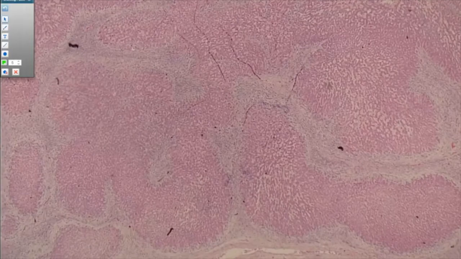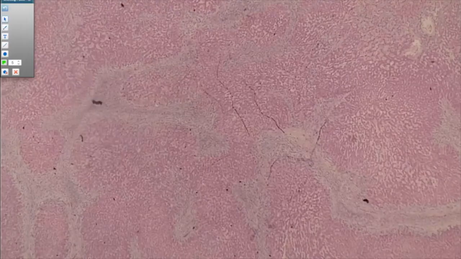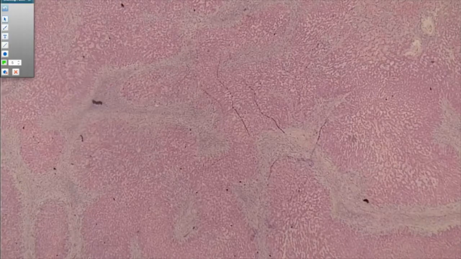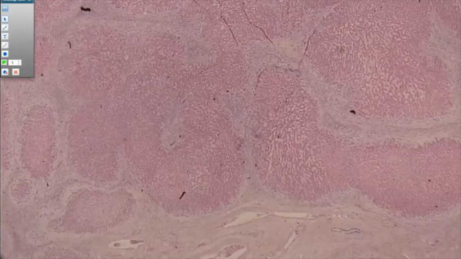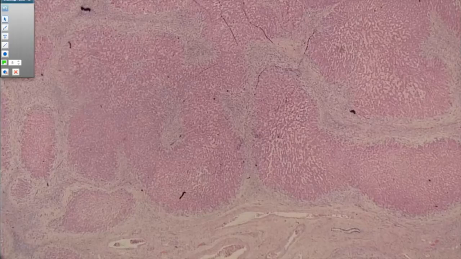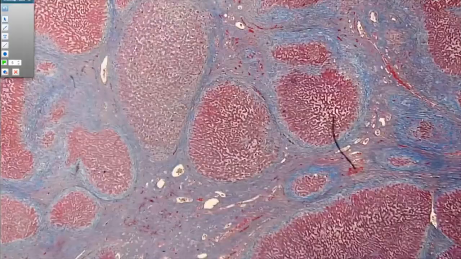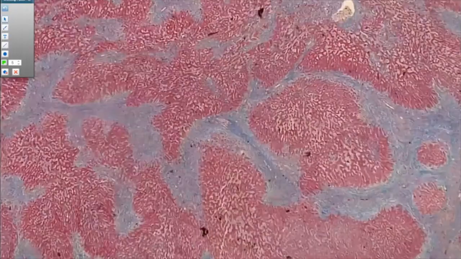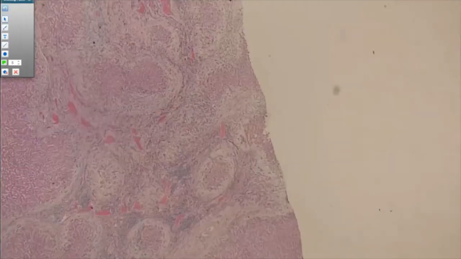So the nodule is very irregular, and we call it a jigsaw puzzle pattern. Also, please look at the edge of the nodule, where you can see a pale area. It's called cholestatic halo, and it is highly indicative of cholestatic disease. Actually, this patient has PBC, and PBC patients tend to have ductopenia.